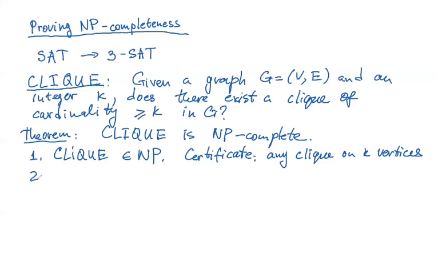Now, in the second part, we need to find some known NP-complete or NP-hard problem that we can reduce to our problem. In our case, we are going to use a polynomial time reduction from 3-SAT. So we'll claim that 3-SAT is polynomial time reducible to CLIQUE.